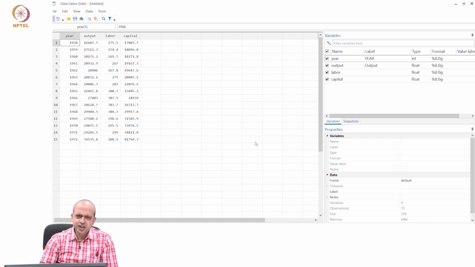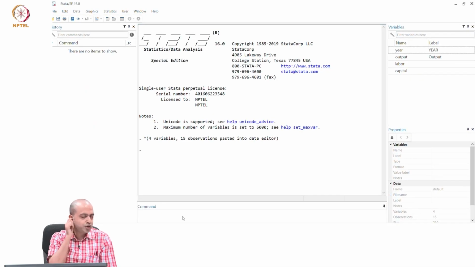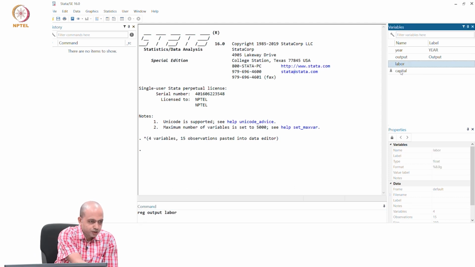Let us first estimate the first model where both yi and xi are linear. So, we will estimate this: reg output, my dependent variable, then my independent variables are labor and capital.